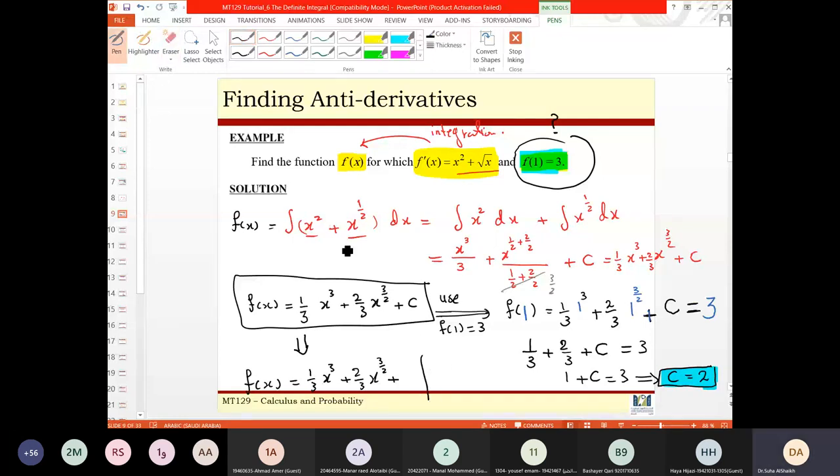I got this to be a 2 and I got the full function without c. Of course, if they didn't give me this part, I would not find the c. But because I have this part here, I was able to find the c. And this is my function. You got that? Is it clear? Any question here?